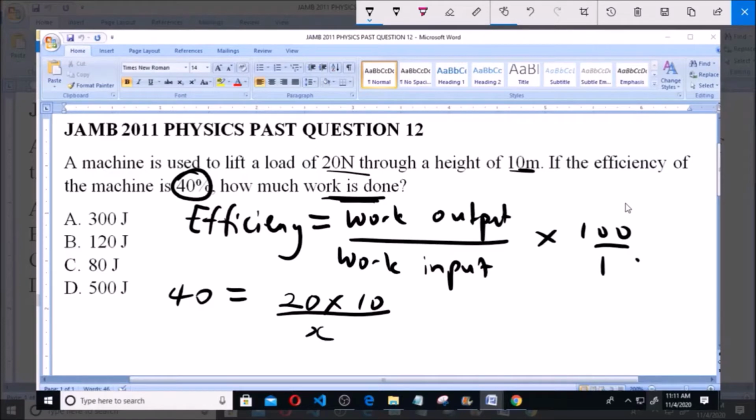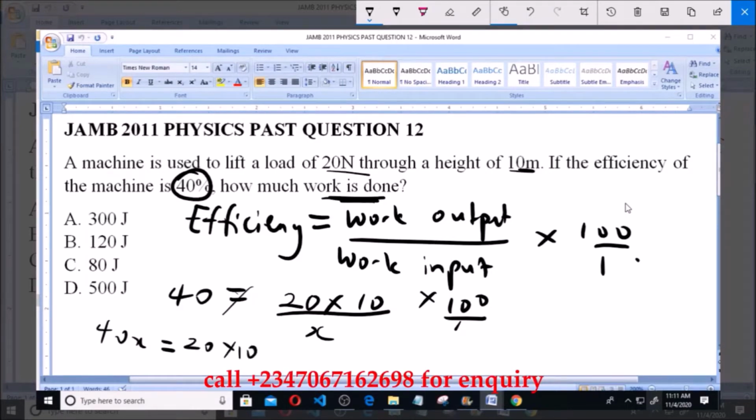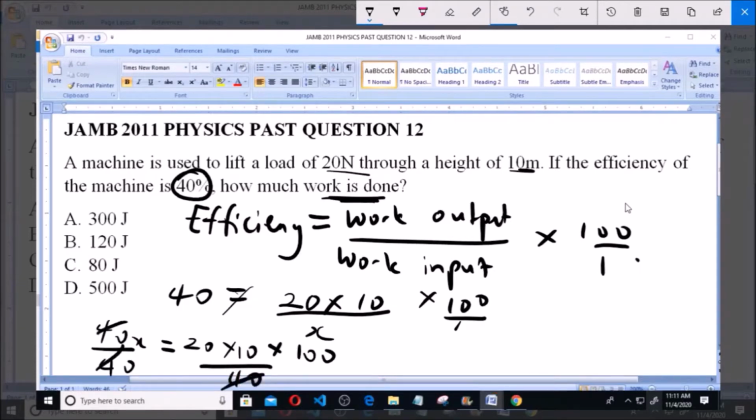Let's call it x, and then times 100 over 1. Cross multiplying, that is 40x is equal to 20 multiplied by 10 multiplied by 100. So you divide through by 40, and then x will be equal to 500 joules. 500 joules is option D, so it is the correct answer to this question.